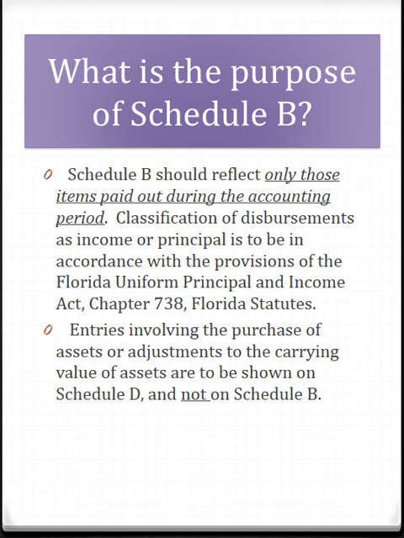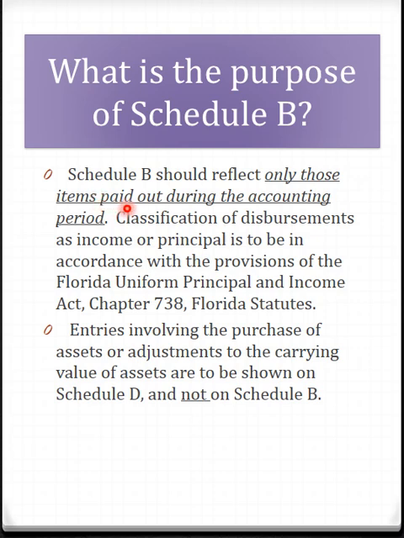The purpose of Schedule B is to reflect the items paid out during the accounting. Alright, so think of paid out as, when you pay your rent, you're paying items out. When you pay a bill for a medical expense, you're paying an item out.